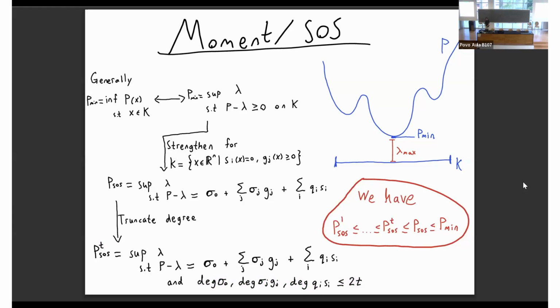This gives you what we call a hierarchy that will approach the minimum. And under an assumption called the Archimedean assumption, where our semi-algebraic set has a ball constraint, which is usually okay for us to make in practice, this asymptotically goes to the minimum.